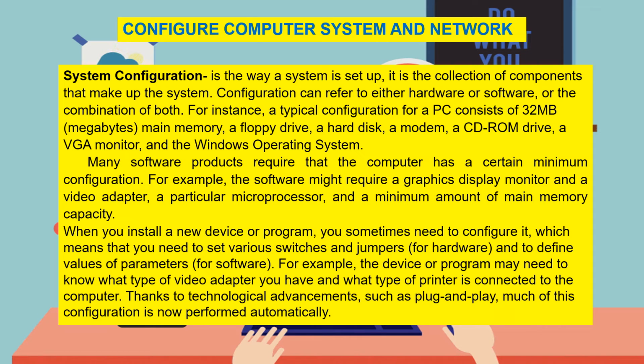When you install a new device or program, you sometimes need to configure it, which means that you need to set various switches and jumpers for hardware and to define values of parameters for software. For example, the device or program may need to know what type of video adapter you have and what type of printer is connected to the computer. Thanks to technological advancements such as plug and play, much of this configuration is now performed automatically.